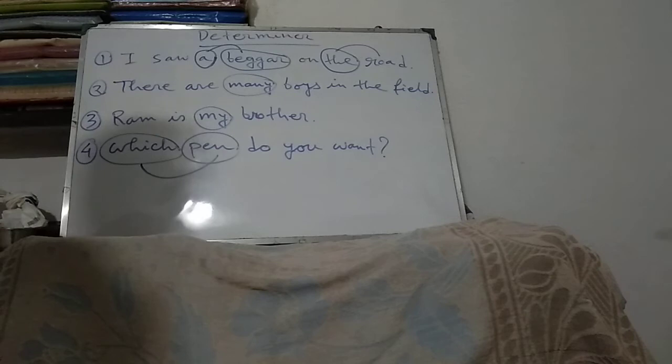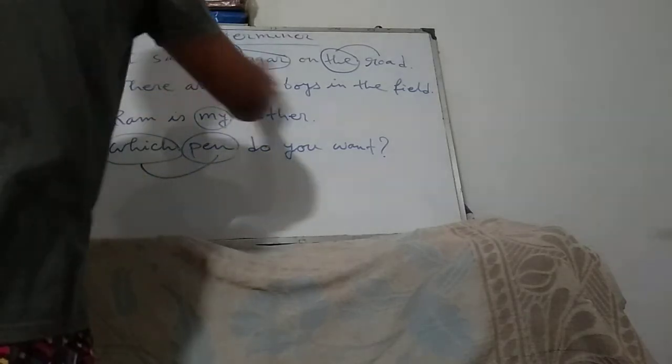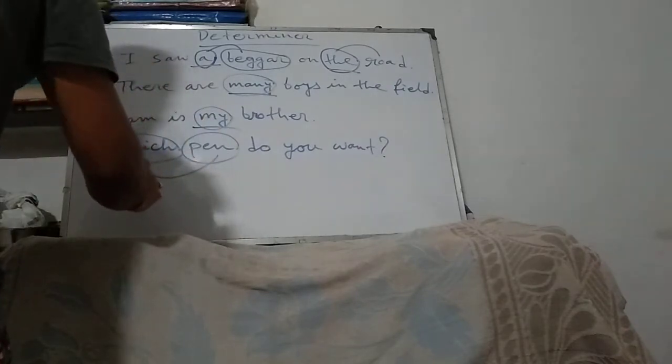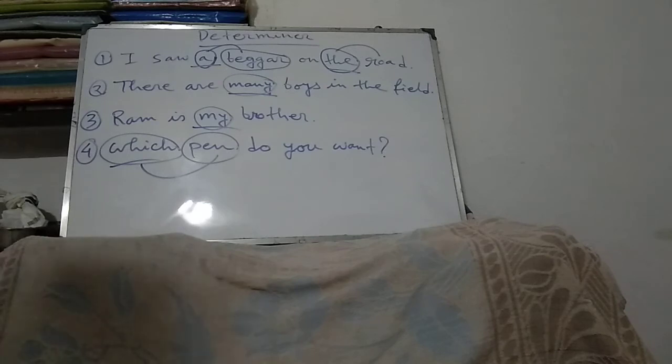Now look, this a, the, many, my, which, they are called determiners. That means we can say that determiners are words which identify or specify a noun in some way.